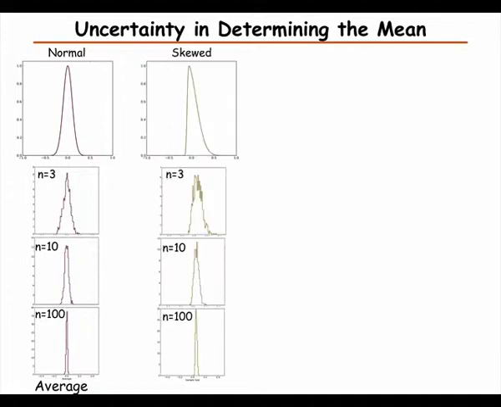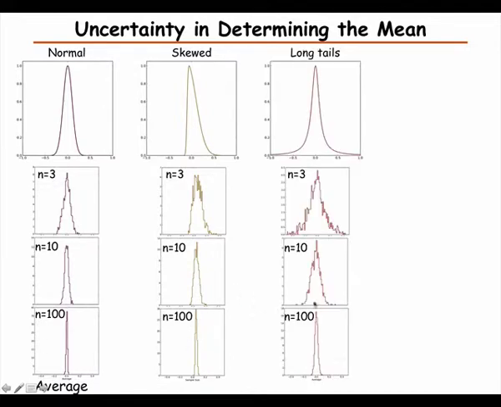If we look at the skewed one, with n very low there is still a skew even in the mean, but already at 10 it's a very little tail, and it's pretty symmetrical. And at n equal to 100, it has really become symmetrical.